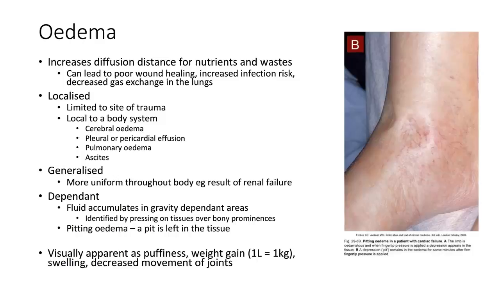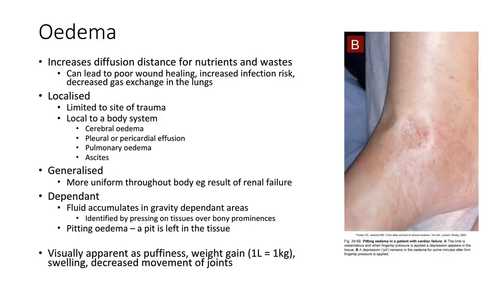And when we talk about dependent edema, we're talking about fluid that's collecting in areas as a result of gravity. So if the person is horizontal, it might be in around the lower spine because they're bedridden. If you're sitting on the plane, it'll be your ankles because they're below the rest of the body.